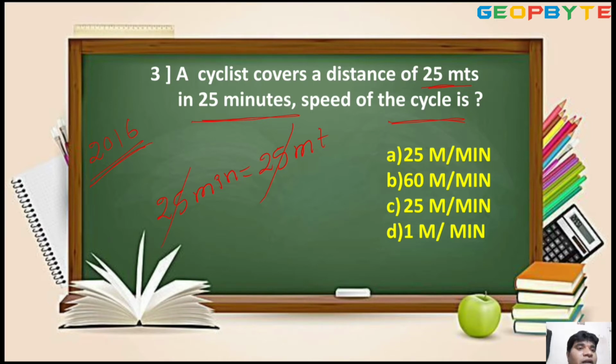Then in 1 minute, 25 cancels, and what is remaining? 1 meter per minute. This is the logic. Option is D. If you are confused, directly cross multiply, not a problem. Next.